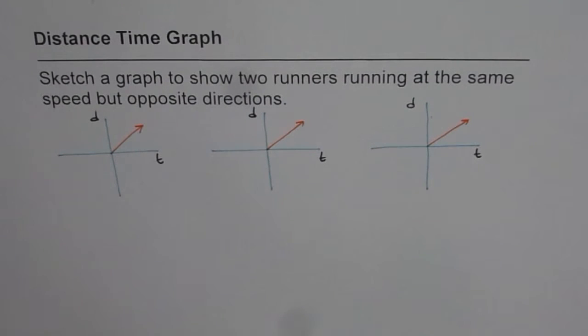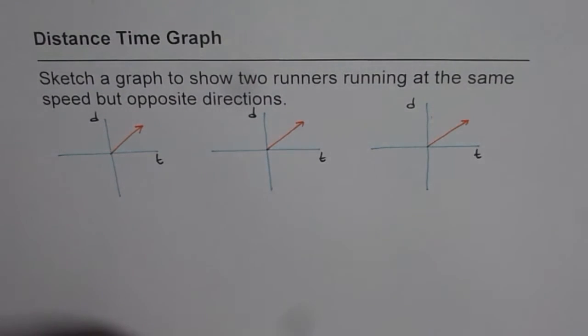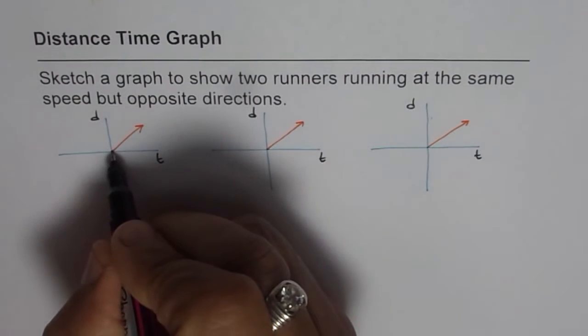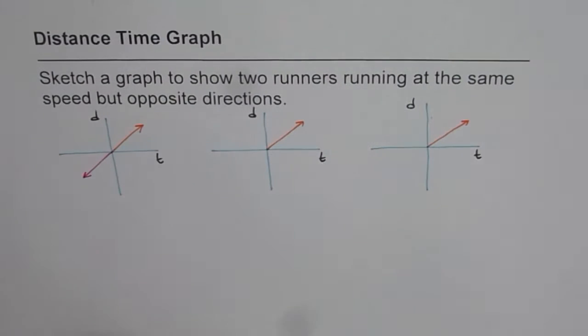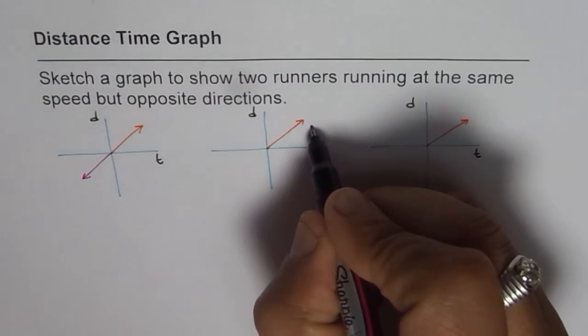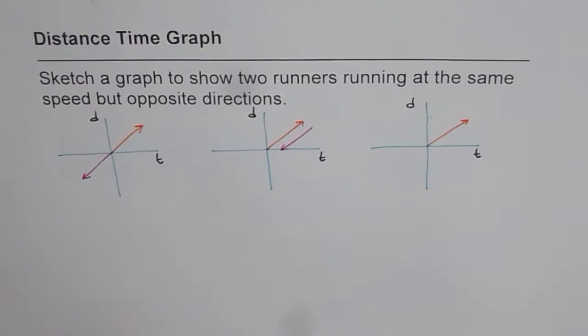Fine. Now I want to show same speed and opposite direction. Can I draw like this? Will that represent same speed and opposite direction? Or can I draw like this? Will that represent same speed and opposite direction?